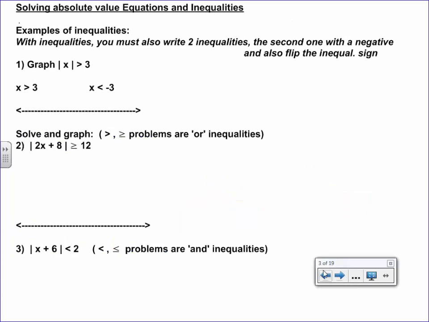Okay, moving on to inequalities. Again, with inequalities, you must write two inequalities. First one, as it is here without the absolute value bars, and the second one with a negative, but also flip the inequality sign. So we have x is greater than 3 and x is less than negative 3.